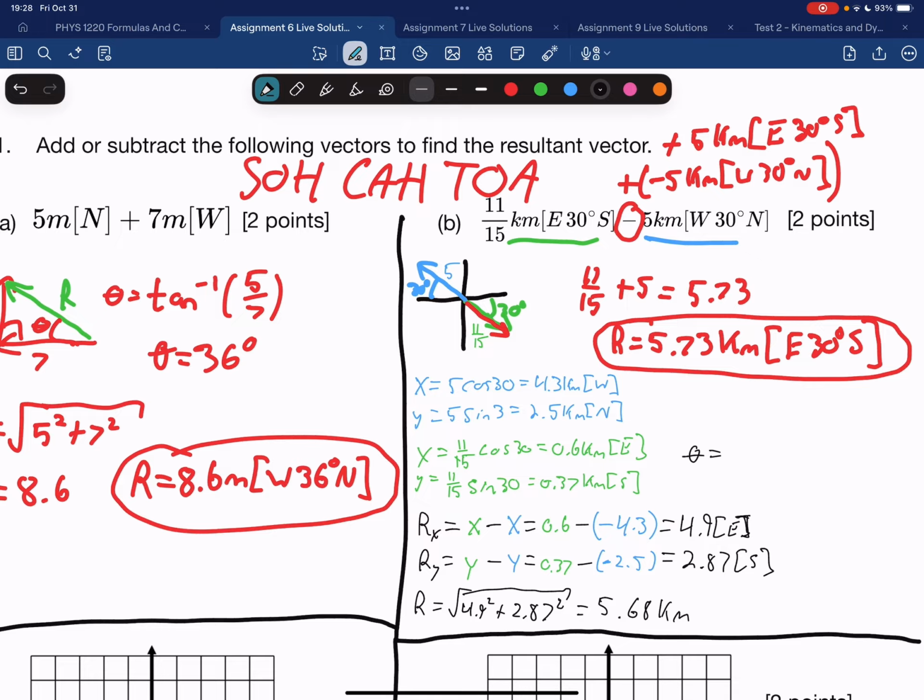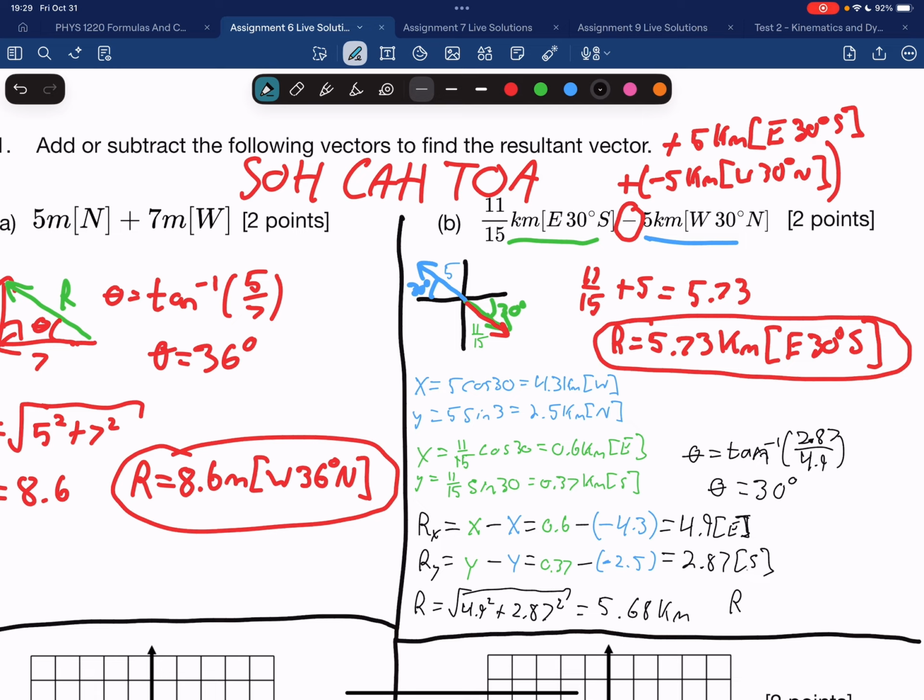So theta equals the inverse tangent of opposite over adjacent. The opposite in this case is going to be our y. So we're going to have 2.87 over 4.9, and theta is going to be very, very close to 30 degrees, close enough that I'm going to round it to 30 degrees.